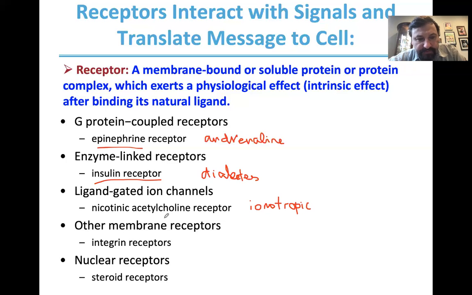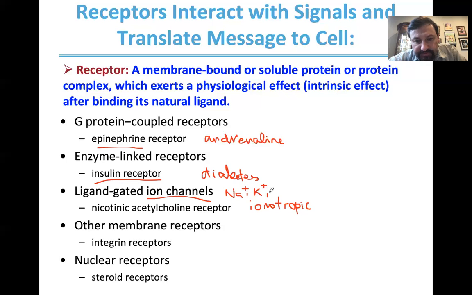acetylcholine, now there's muscarinic and there's nicotinic acetylcholine receptors. There are two kinds of those. And the idea behind this is that they interact with ligand-gated ion channels. So these will be non-selective ion channels. So for example, they allow the passage of sodium, potassium, calcium.